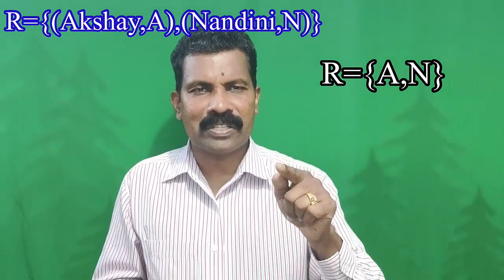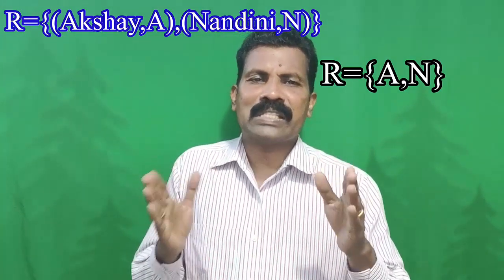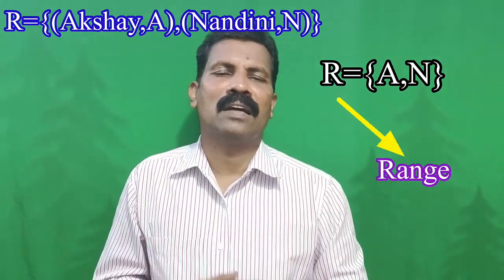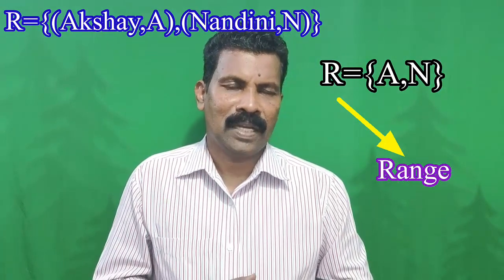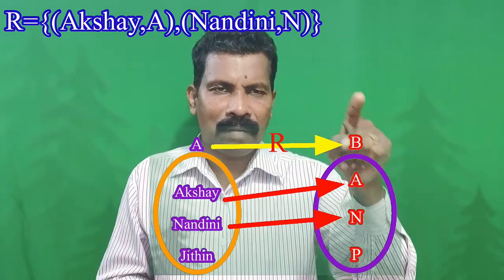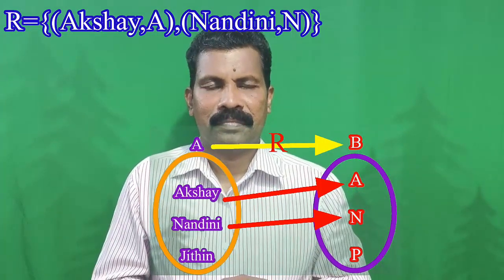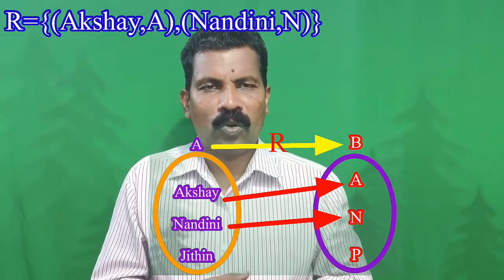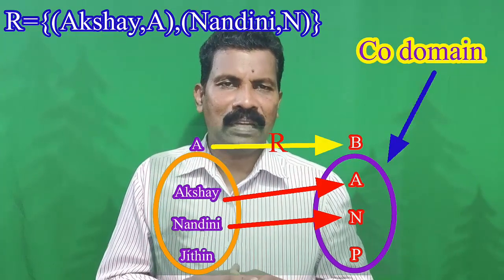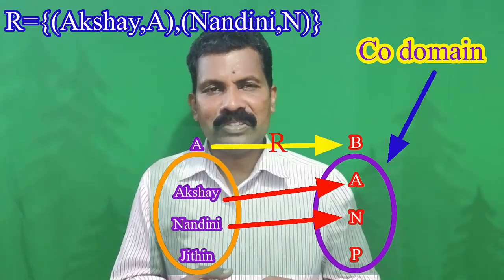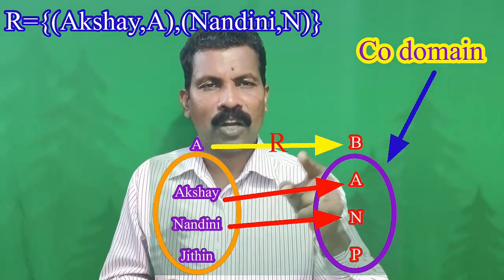We get the set capital A and capital N. And this set is what is called the range of the relation. And if we consider the complete set capital B, then it is called codomain of the relation capital R. And we see that range is a subset of the codomain.